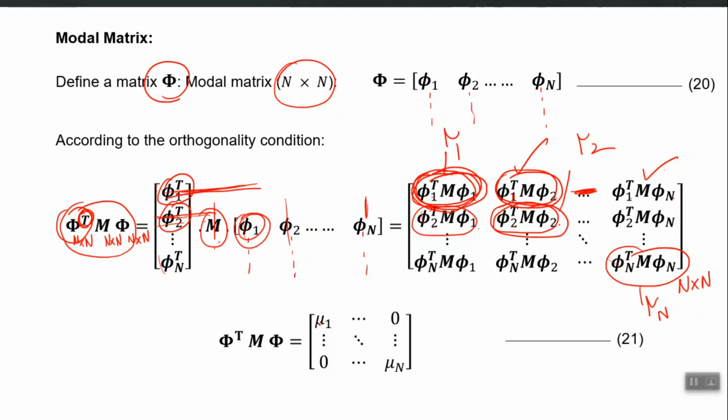So this is another form of the orthogonality condition, that capital phi transpose into M into phi is a diagonal matrix. This is another way of explaining the orthogonality property, that all the off diagonal terms in this product will be 0 and you have only the diagonal entries, and those diagonal entries are modal masses.